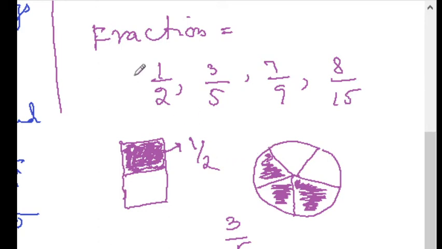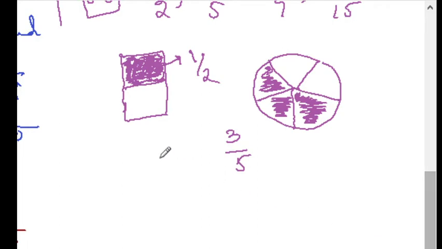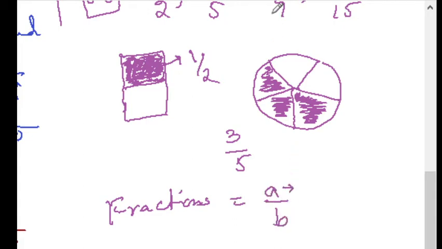They can also be written as decimals. So 0.5 is the decimal form. Sometimes we write fractions in A over B form. This part is called the numerator. Remember the name? Numerator.